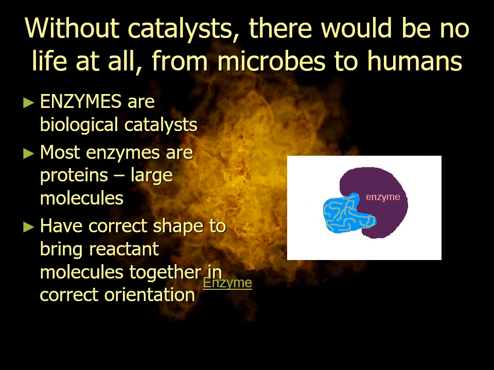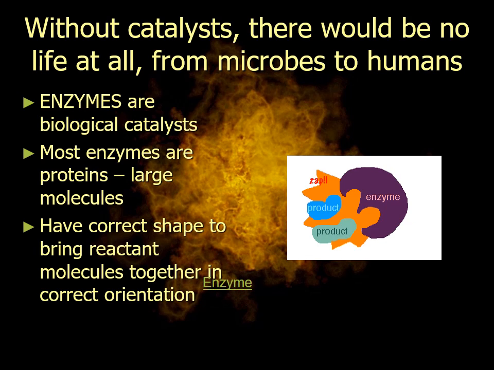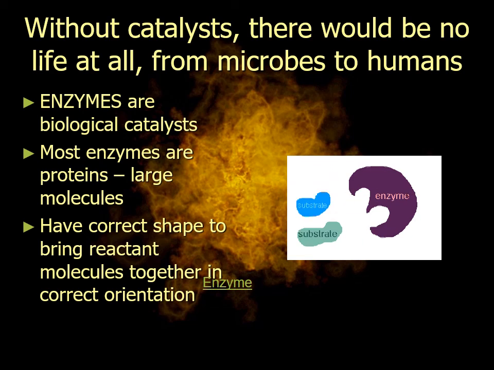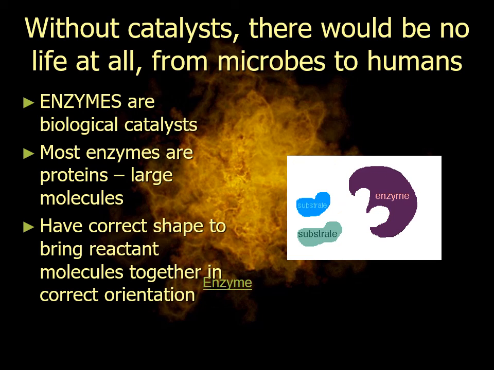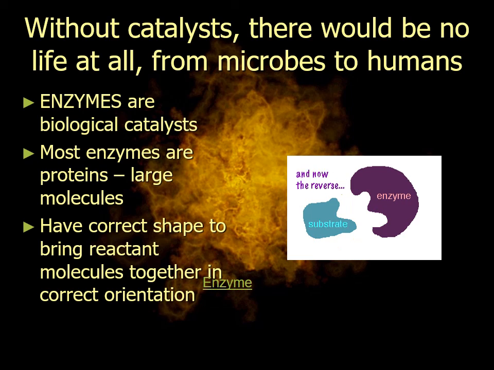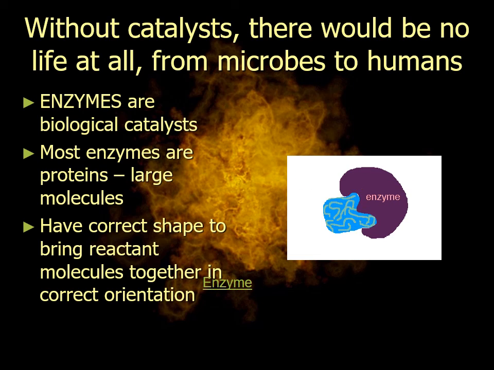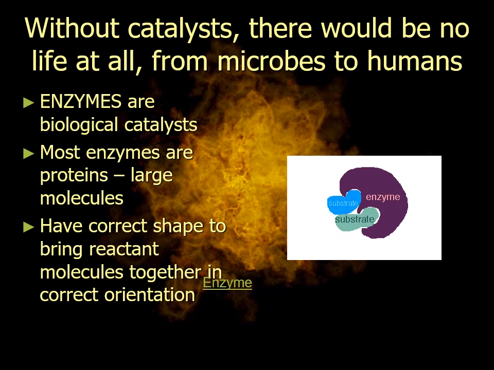And perhaps in living systems, there's nothing more important than enzymes to make our organisms work efficiently. So an enzyme is a biological catalyst, and most of them are large proteins. This little animation on the right-hand side is illustrating one of the concepts of the action of an enzyme.